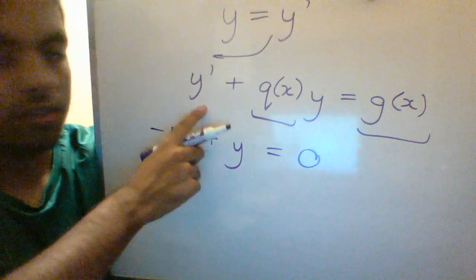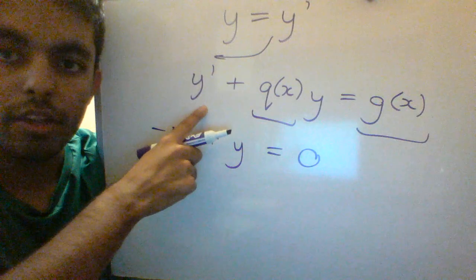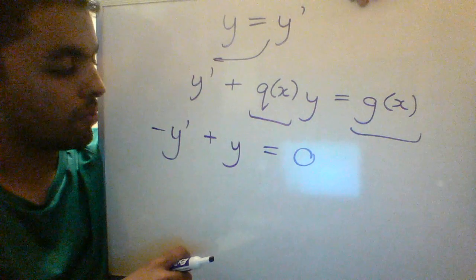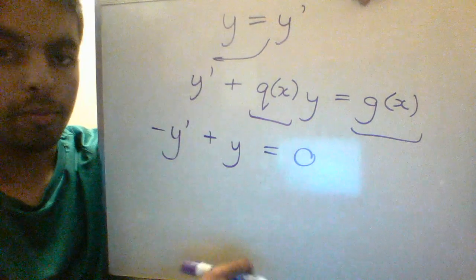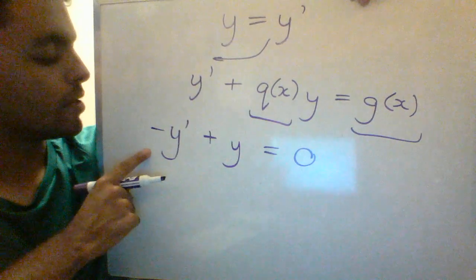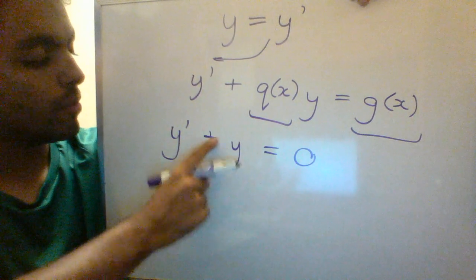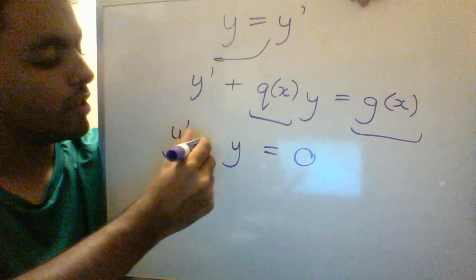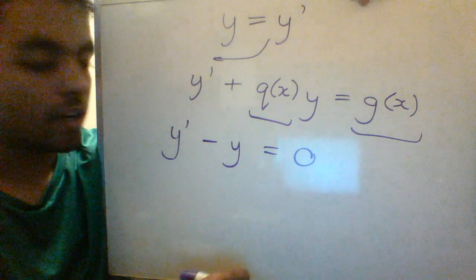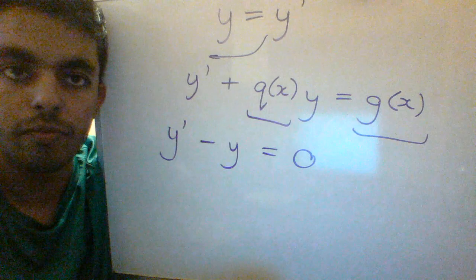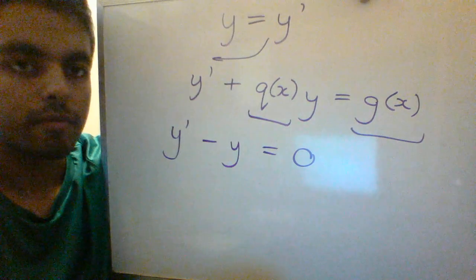But based on this original formula that we wanted, we want y prime to be positive. And so what we do is we multiply every term by negative 1. If you multiply this by negative 1, the negative sign disappears. If you multiply the y by negative 1, you get a minus sign there. And then 0, it doesn't matter if it's positive or negative, so no problems there.